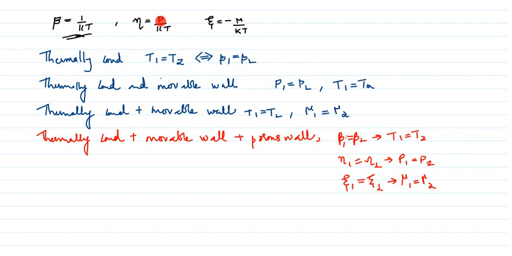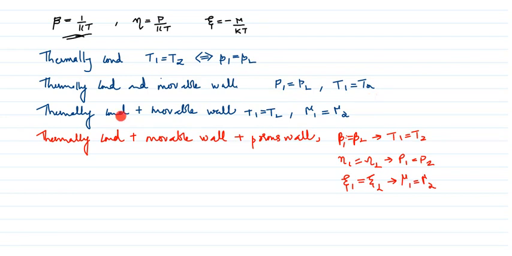The pressure becomes the same in each compartment. So if it is a thermally conducting and movable wall, then P1 should be equal to P2. Then you will have the equilibrium volume for both compartments in our earlier case, and T1 has to be equal to T2. Till then the energy will flow, right?